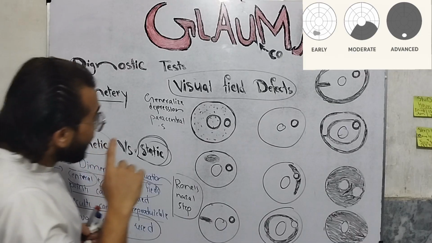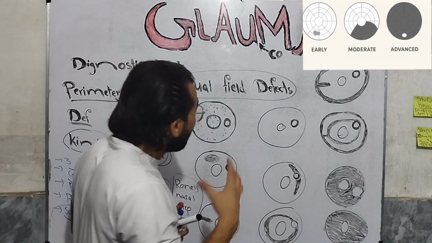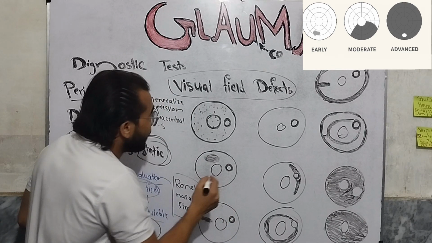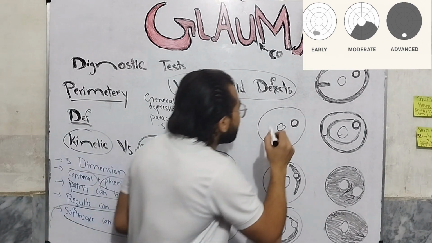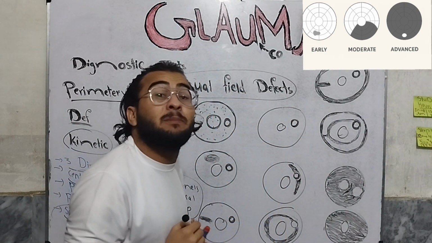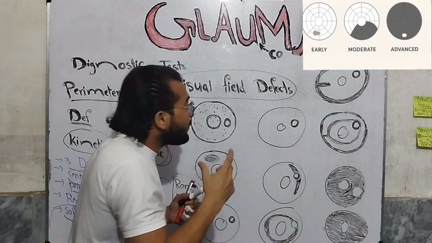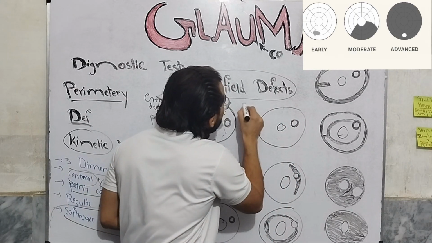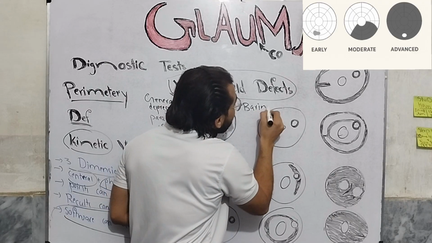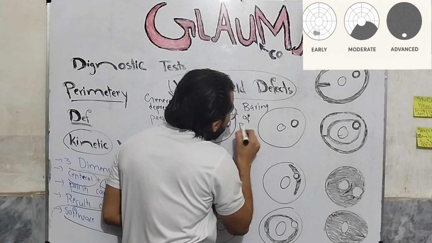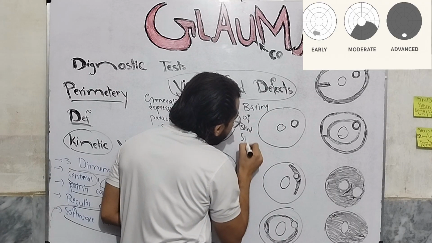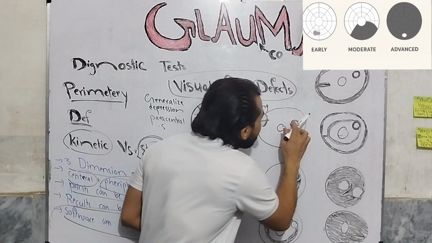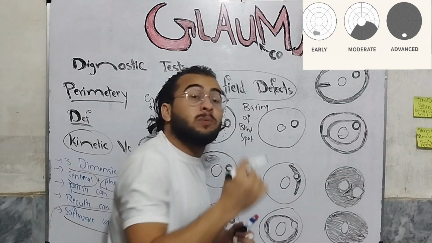Now, in the early visual field defects, we can have a scotoma which is called baring of the blind spot. Baring of the blind spot means that, as we know, this is a blind spot, which is the optic disc itself.